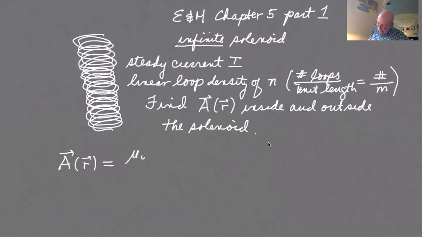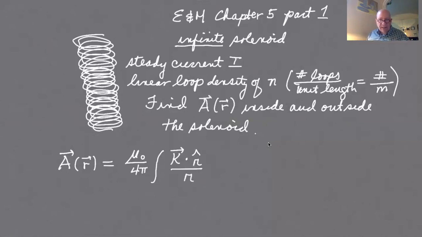In this case, it would be mu naught over 4 pi, integral of K dot dA, I'm sorry, K dot R caret over R.